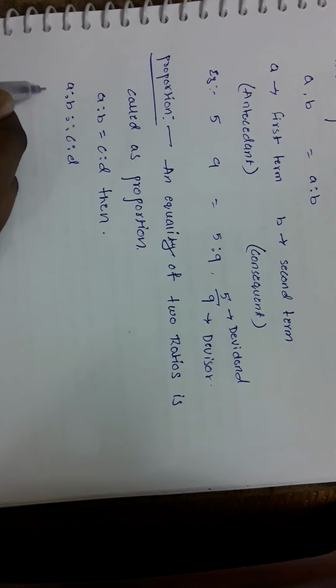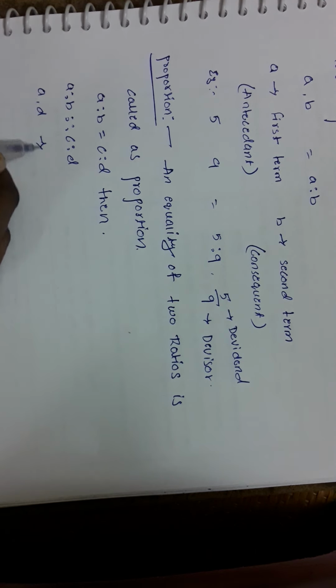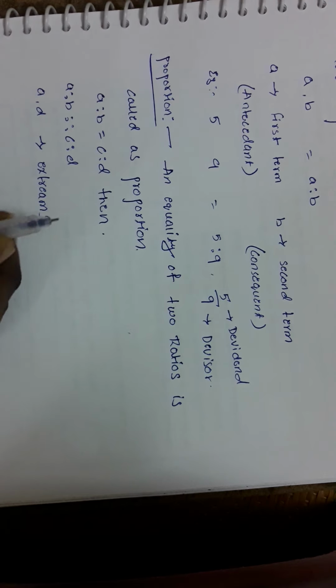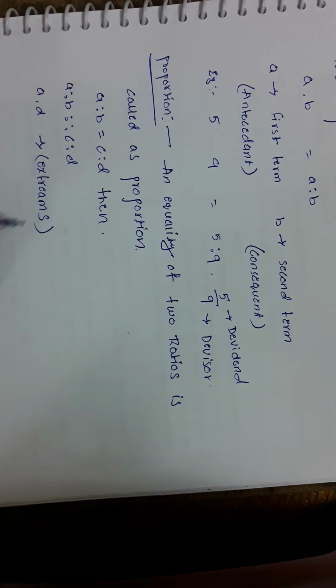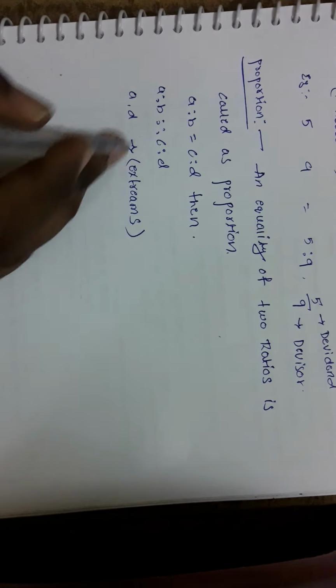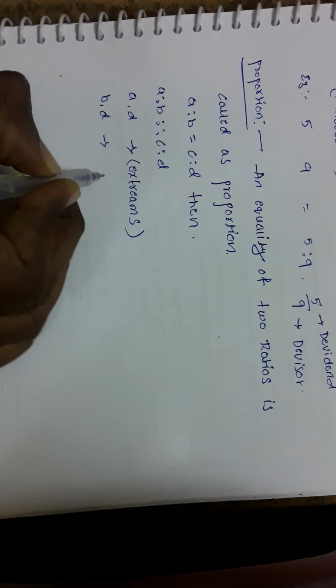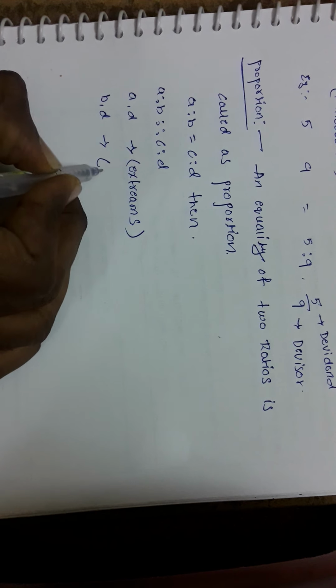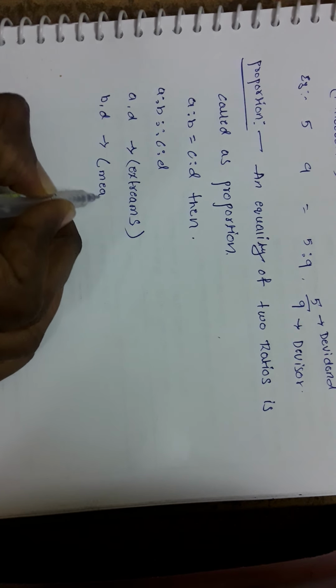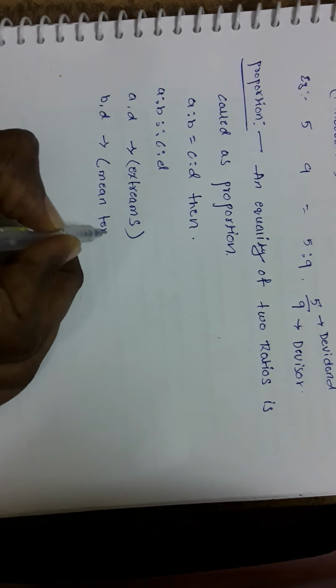Here A comma D are called the extremes, and B comma C are called the mean terms.